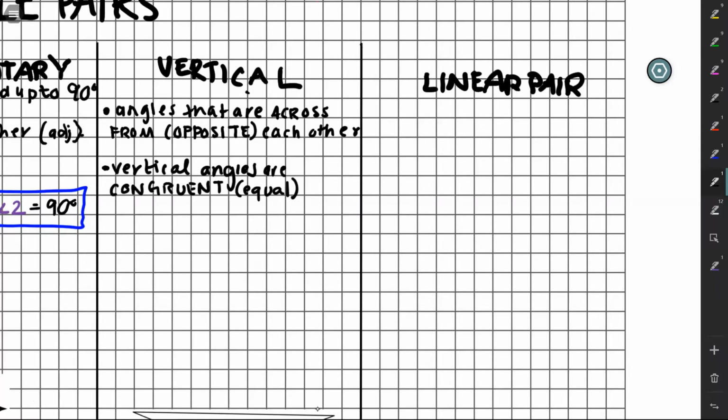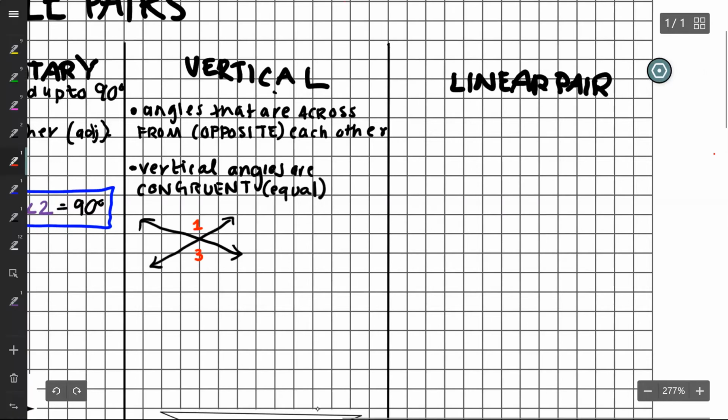Alright, so I'm going to draw my two lines. And I'm going to label this one, two, three, and 4.